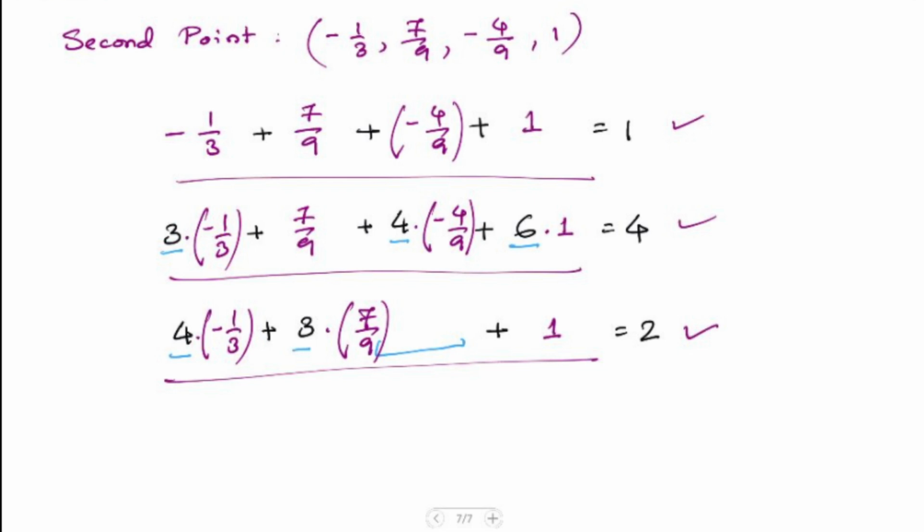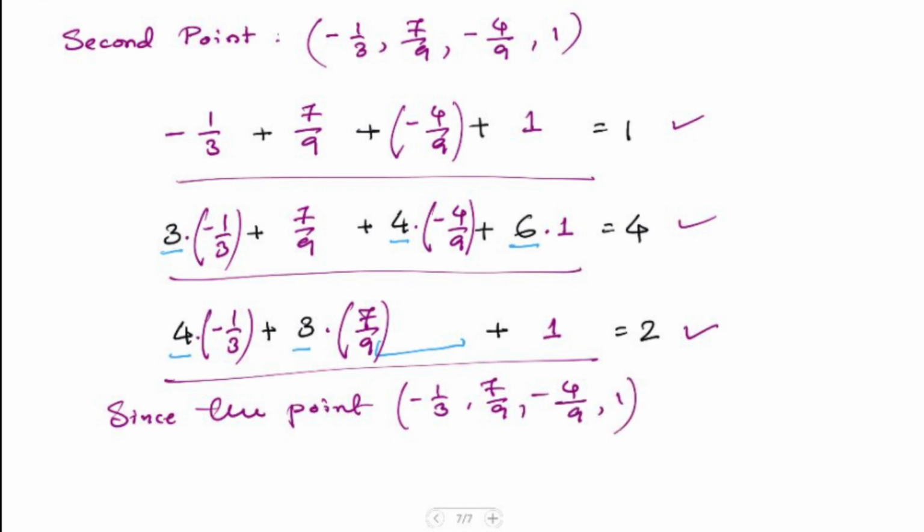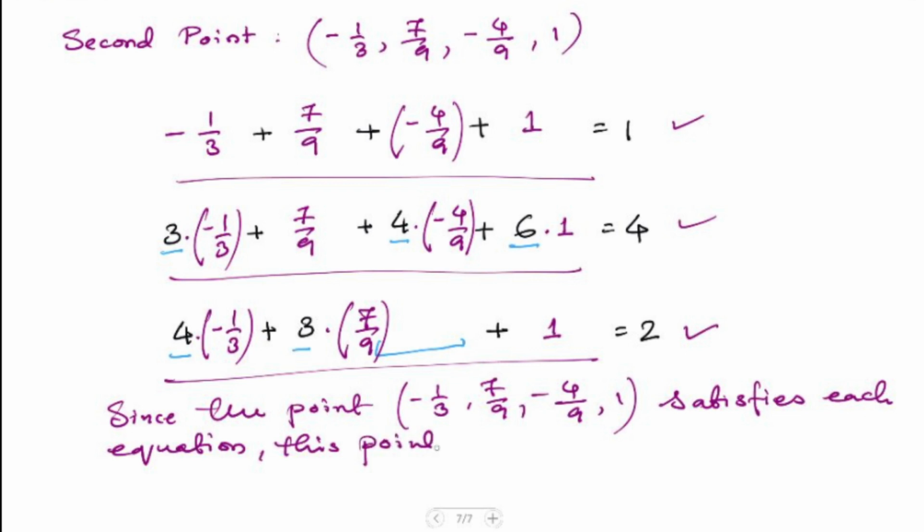So then now you can say that since the point minus 1 over 3, 7 over 9, minus 4 over 9, 1 satisfies each equation, this point is indeed a solution of this system of linear equations.